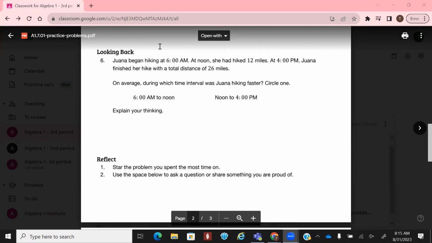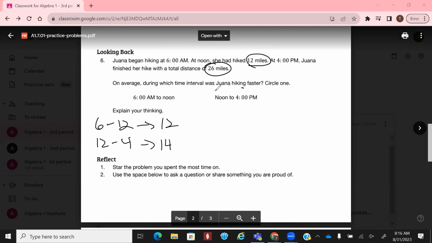So from 6 to noon, how many miles did she hike? 12. And then from noon to 4, how many did she hike? 14. How do we get that? We took, right, 26 minus 12 gave me that 14.